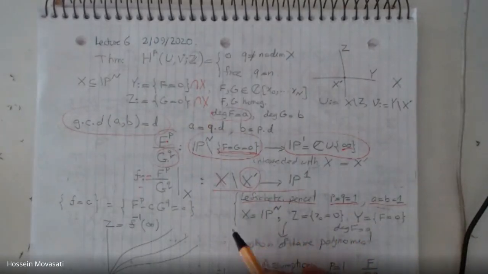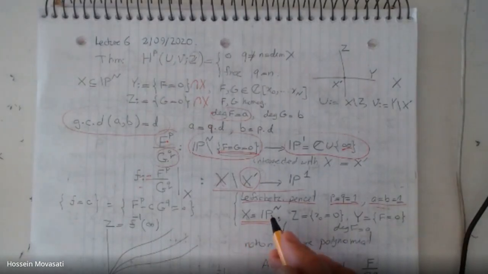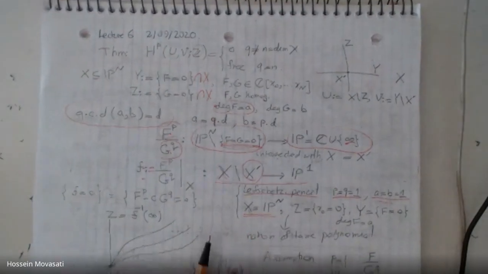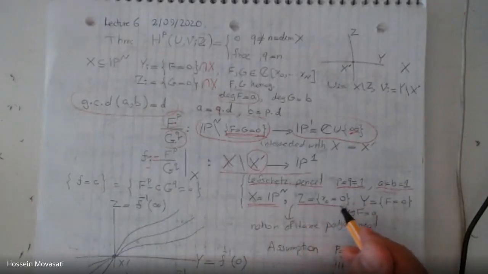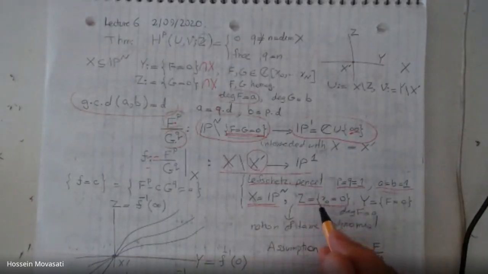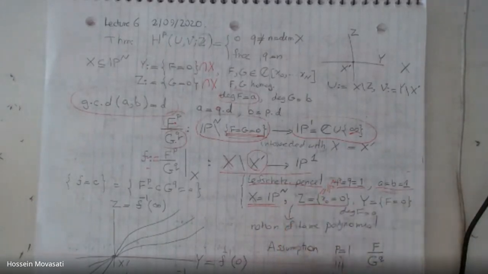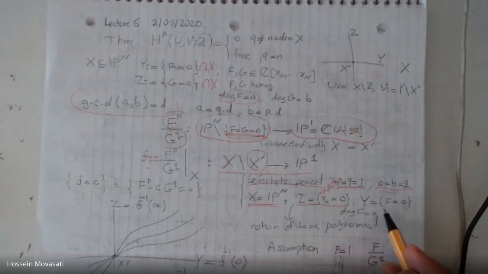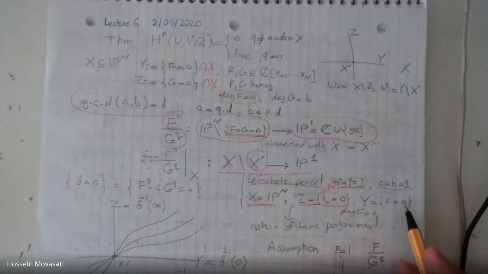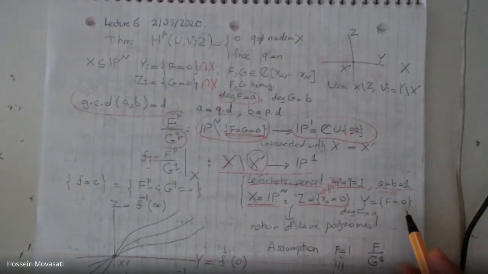But another example which is very useful, and it is inspired by some works in singularity theory, is the case in which X itself is the projective space Pn, Z is x0 equal to 0, this is a kind of Pn minus 1 at infinity, and Y is given by a homogeneous polynomial equal to 0 of arbitrary degree.